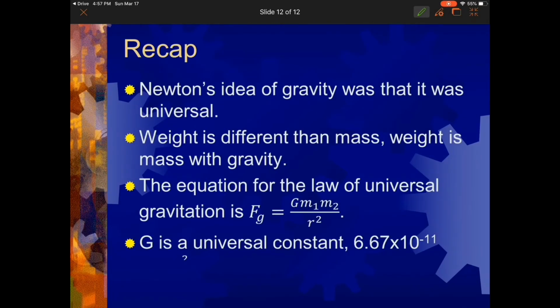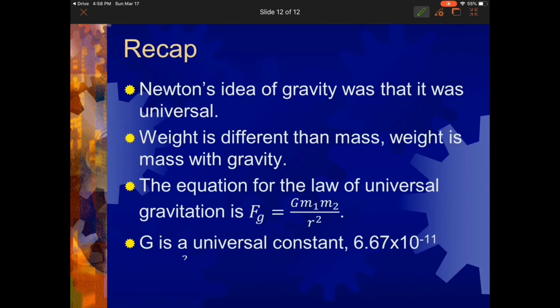All right, so let's just do a little bit of recap here. So Newton's idea of gravity was that it was universal. It happened everywhere and anywhere. We also know that weight is different than mass, and that weight is mass with gravity.